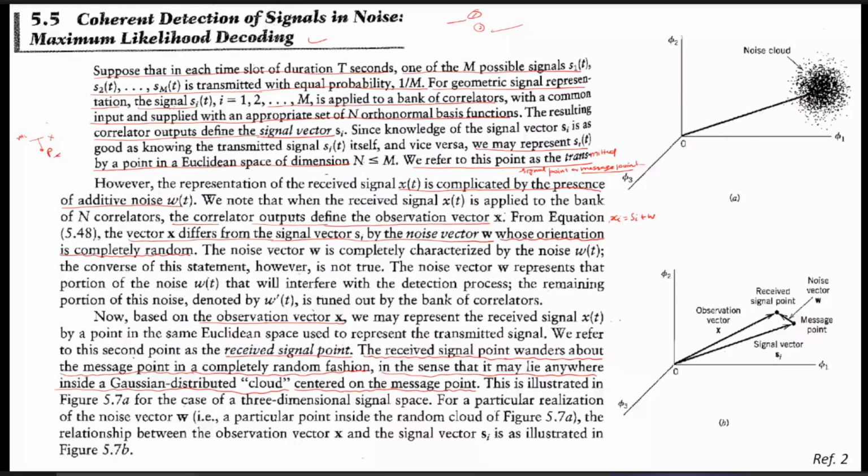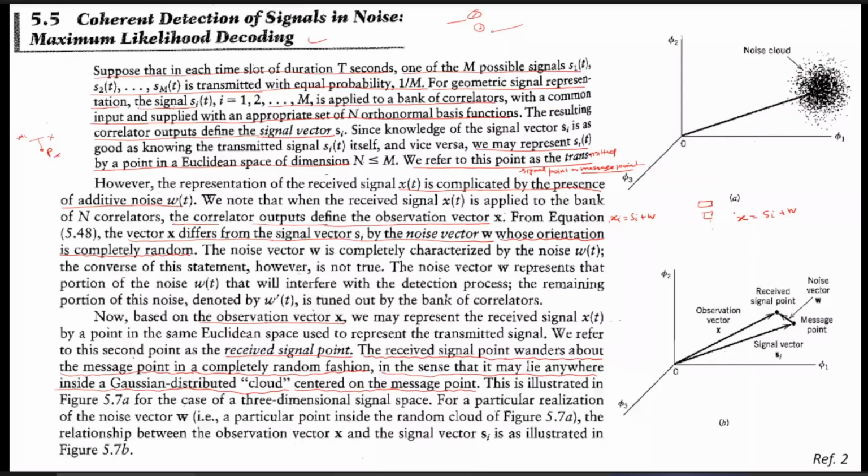First, let us see what maximum likelihood decoding is. For that, let us see the basic introduction. We know that, because here we have N correlators, the observation vector x is defined as s_i plus w.